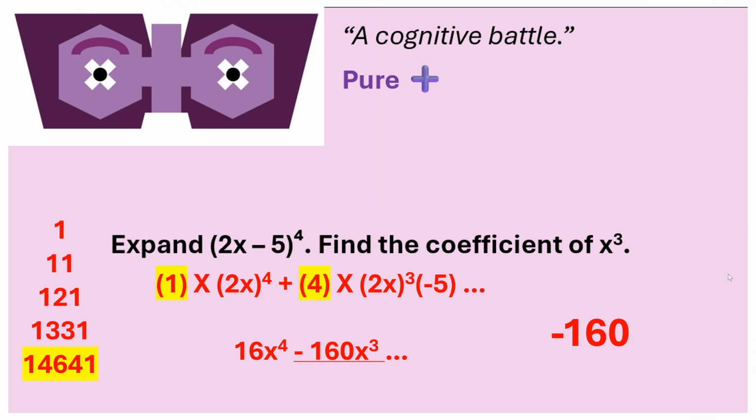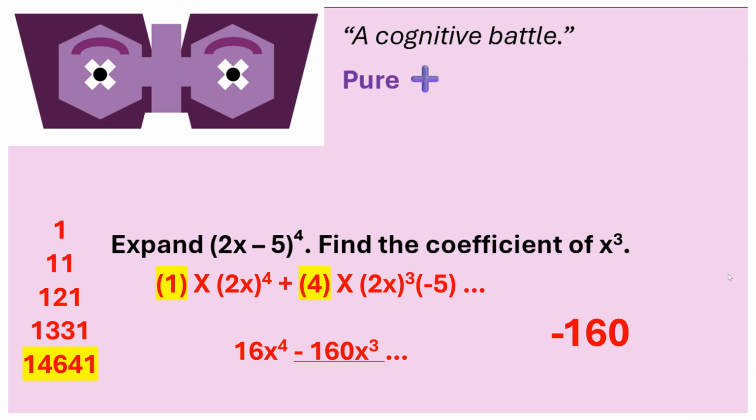Okay, so now here's the pure answer, in which it's a pretty simple expansion, honestly. It's basically the same as what we've been doing before. Pascal's triangle, expand it. Make sure you watch out for the negative.